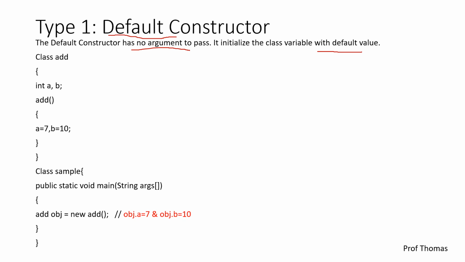In this example, class add, we have two class variables a and b with one default constructor, add. In this constructor, we have no parameters and no argument to pass. We initialize the class variables a and b with the default values a equal to 7 and b equal to 10.